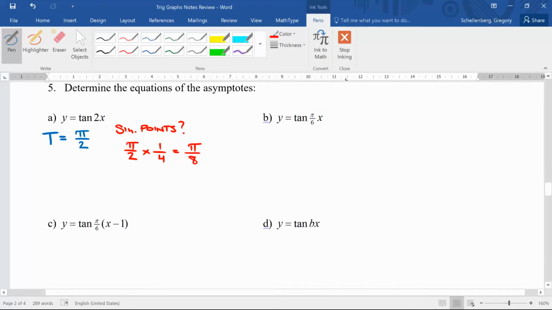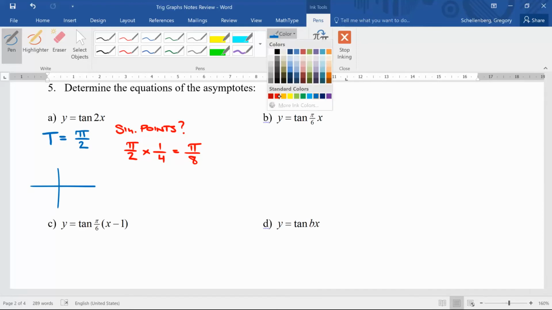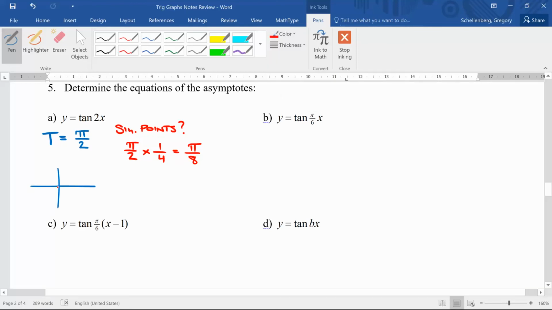Okay, we'll give ourselves a bit of a visual. Now, tan starts at a midpoint at 0. We have no phase shift here. So there's where we're starting. And one significant point to the right is going to be pi over 8. That's going to give us a max point. Two significant points to the right is 2 pi over 8, or pi over 4. There's where our first asymptote occurs.